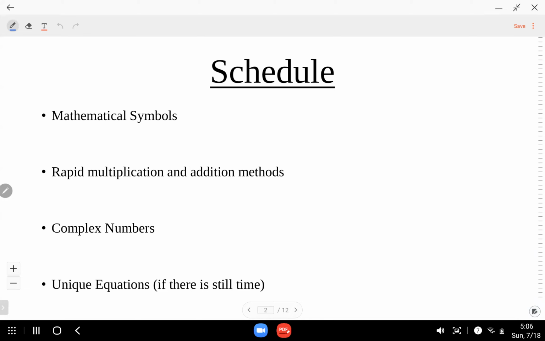Complex numbers, because the creators of mathematics said, oh, this is too simple, let's make it more complicated. That's why. Unique equations, if there's still time. There's probably not enough time in the world. I mean, yeah. So, any questions on the schedule?